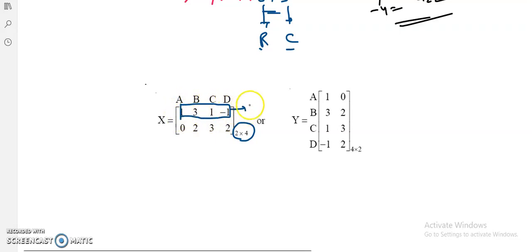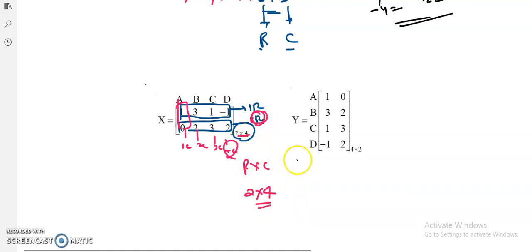So it is the first row and the second row, right? 2 rows are there. And coming to the columns: first column, second column, third column, and fourth column. So we have to write the order of the matrix row by column. First rows must be there. How many rows are there? 2 rows. And how many columns? 4 columns are there, like that.